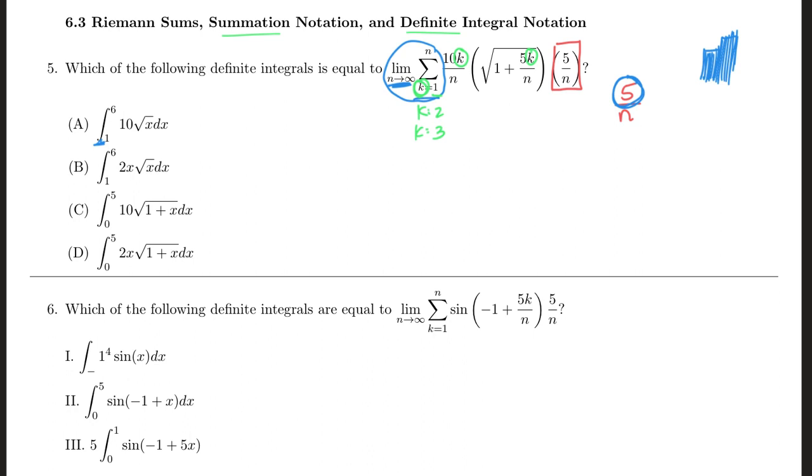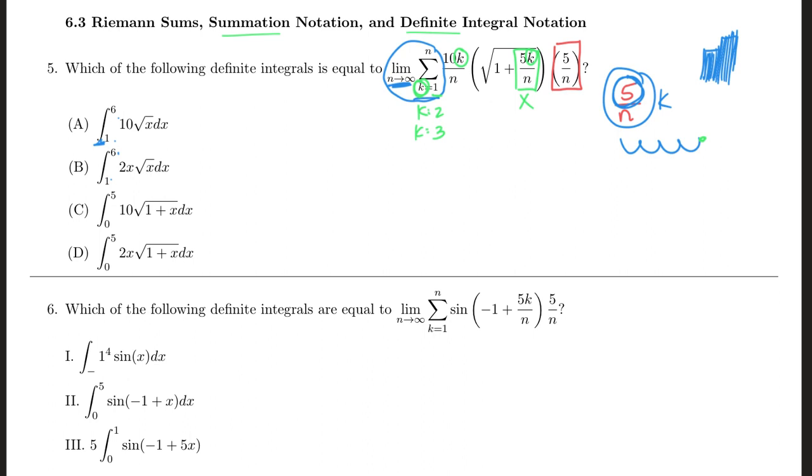A goes from 1 to 6, that's 5. B, 1 to 6, that's 5. C, 0 to 5. So all these have a distance of 5, so that really doesn't help us too much. But the 5 over n part represents how far you're going along each step in your rectangle. So if we take that and multiply it by k, that's pretty much where we're at for our next rectangle. So 5k over n represents the x value that we're talking about.